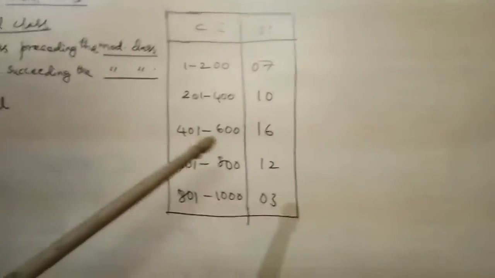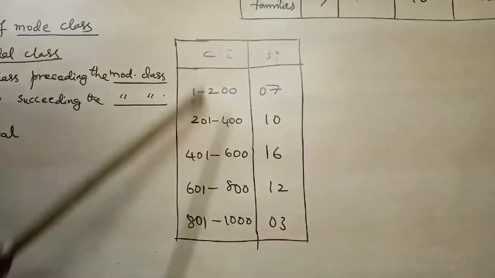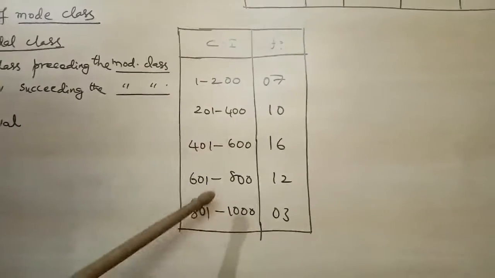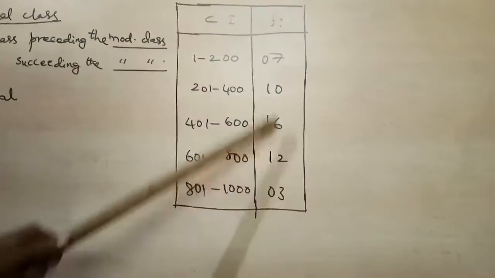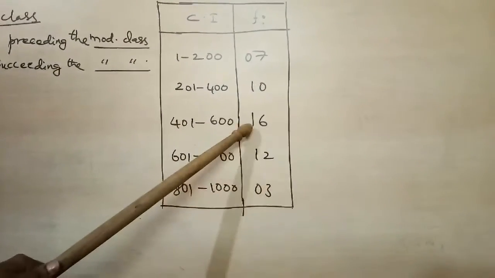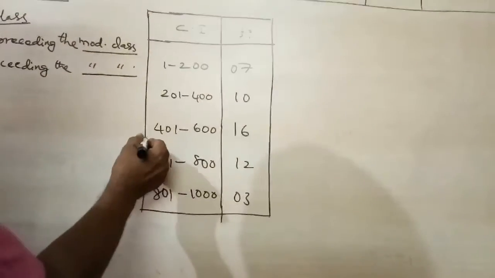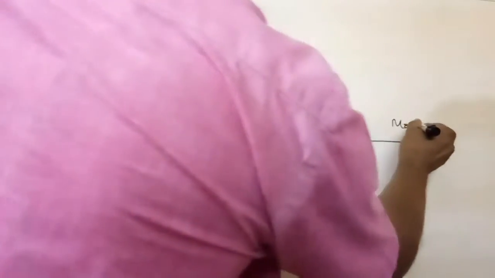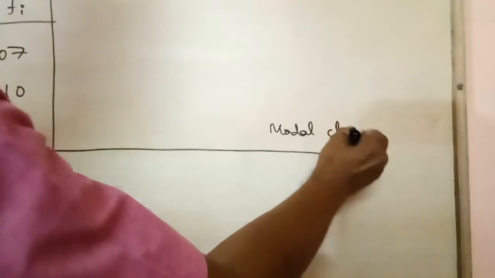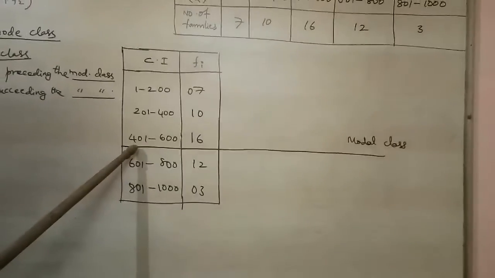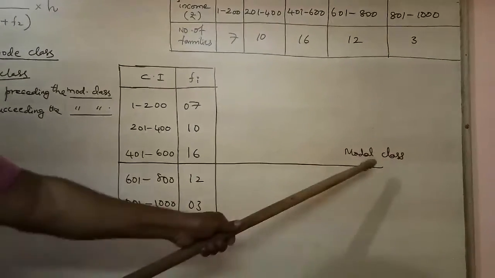The class with the highest frequency is known as the model class. Here 16 is the highest frequency, and against that the class 401 to 600 is the model class.